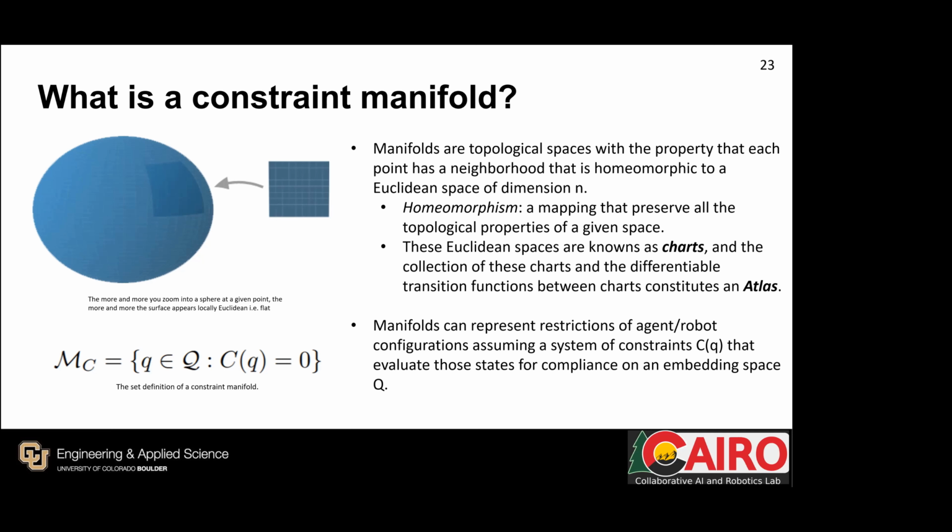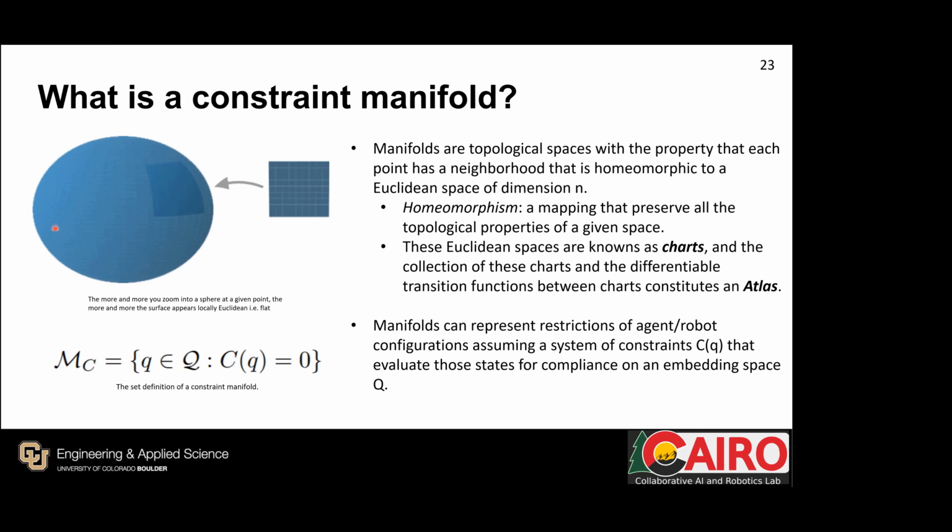And by definition, manifolds are topological spaces with an important property, that is that a manifold has a neighborhood. Any point on a manifold or on this shape has a neighborhood that is homeomorphic to a Euclidean space of dimension n. In other words, when you zoom way close up to a manifold, it gives the appearance of flatness.